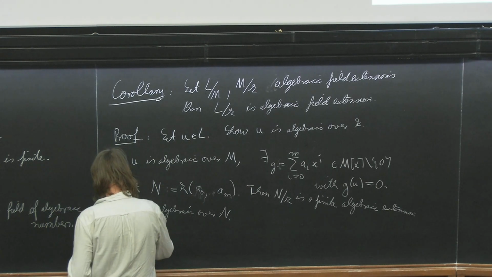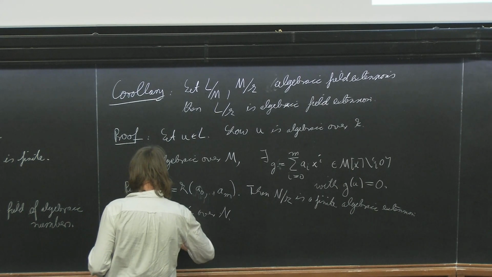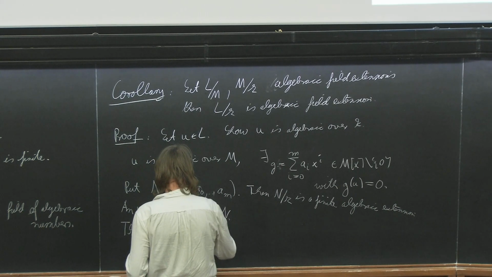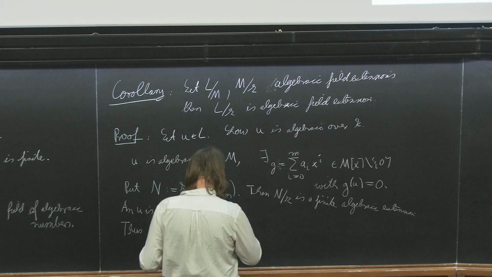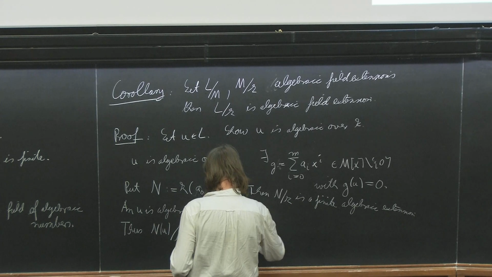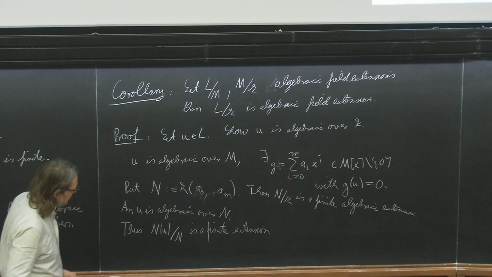So thus, N(u) over N is a finite algebraic extension. Finite extension, because it's an algebraic extension generated by just one element.